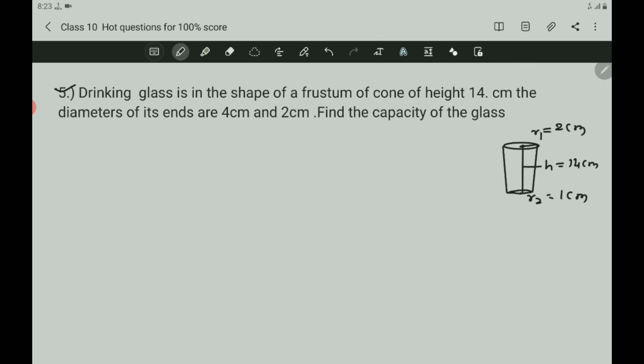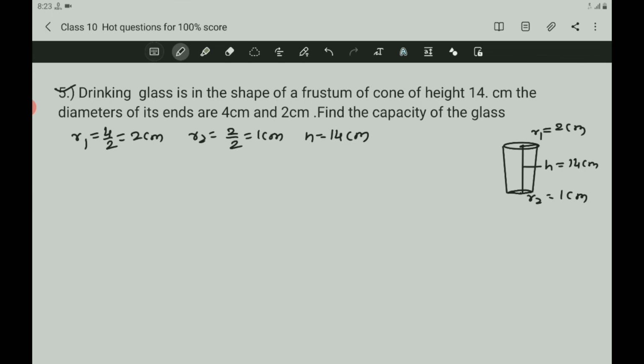So R1 equals 4 by 2 equals 2 cm, R2 equals 2 by 2 equals 1 cm, and h equals 14 cm. As the glass is in the shape of frustum of cone, we have to use the formula to find the volume of the frustum of cone.